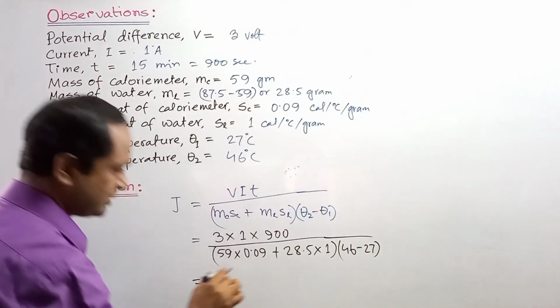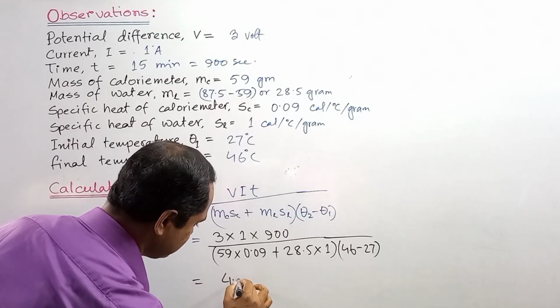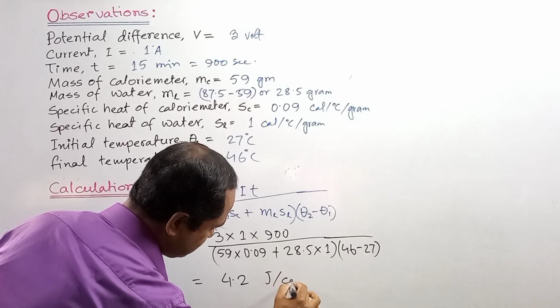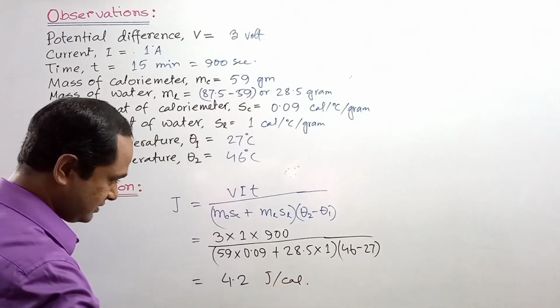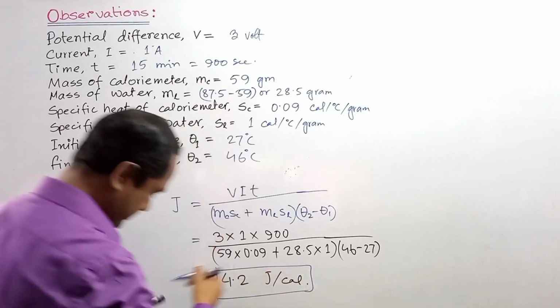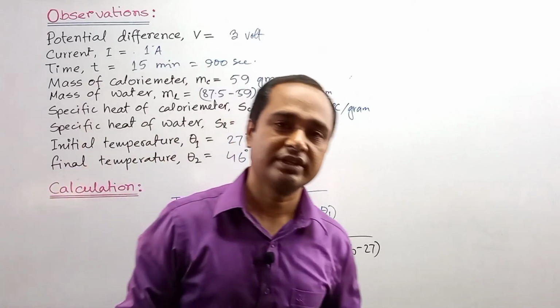After the calculation you will get 4.2 joule per calorie. So this is the final value of the mechanical equivalent of heat.